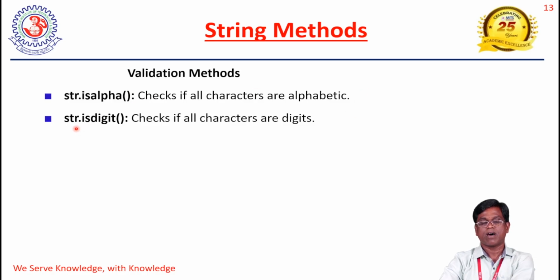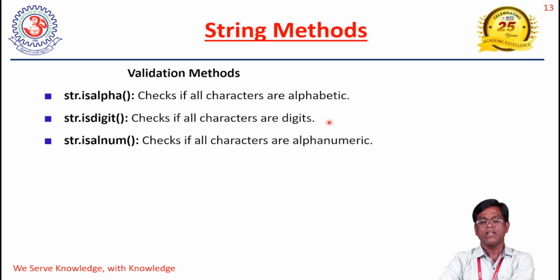Similarly, str.isdigit. Again, if your string has only digits, it is going to return true, otherwise it will return false. Next one, str.isalnum. The purpose of this method is to check whether the string has either alphabet characters or numeric digits.